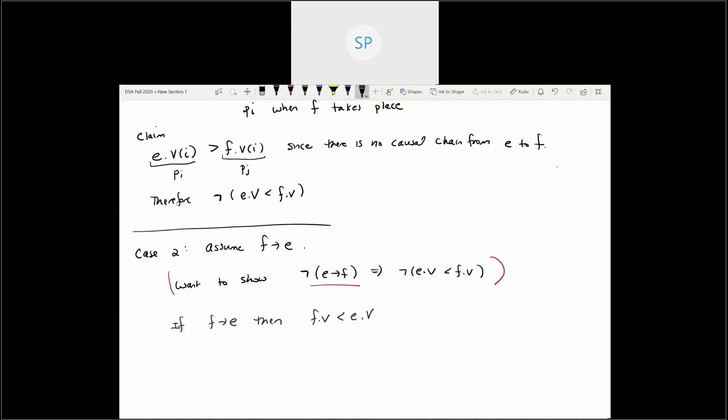This was the weak clock condition that we just proved. And therefore, our conclusion follows that it's not the case that the timestamp of E is less than the timestamp of F. And that's my proof, QED.